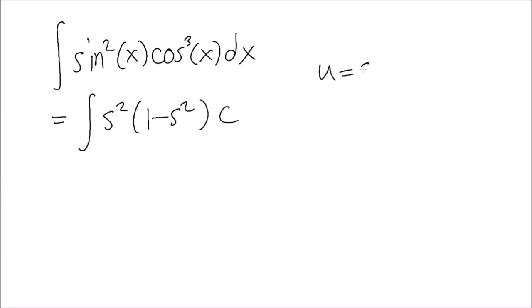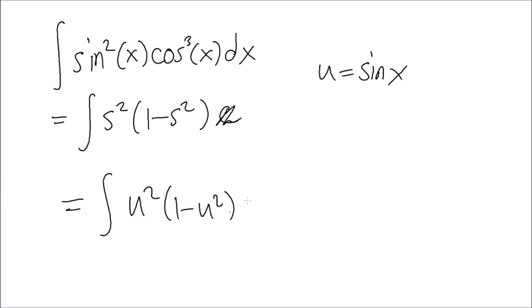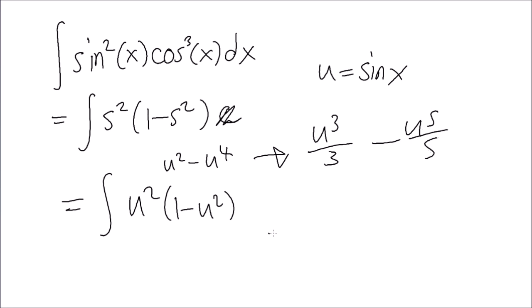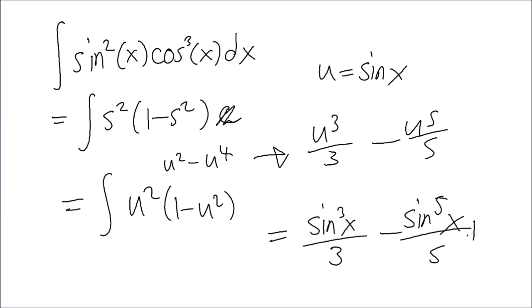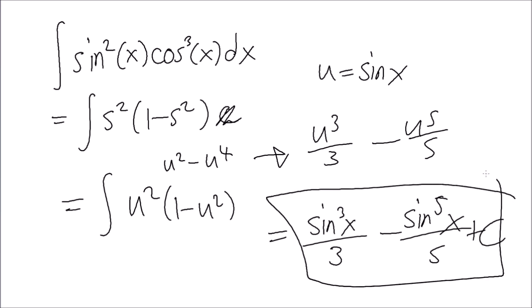Let u equal sine of x, then du will take over that, and we end up with u square, 1 minus u square, which is equal to u squared minus u to the power of 4. So this will give us u cubed over 3 minus u to the 5 over 5. So the whole integral would be sine cubed over 3 minus sine to the power of 5 over 5, plus C. And then we have our answer.